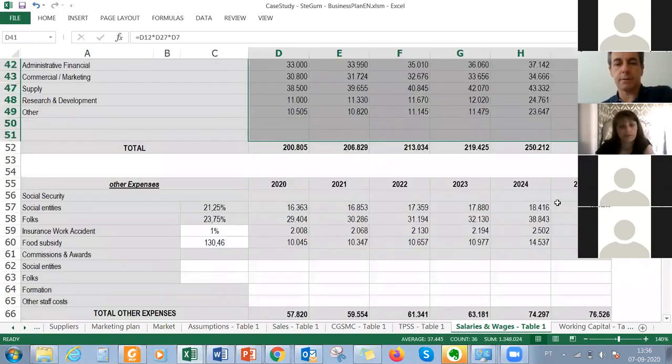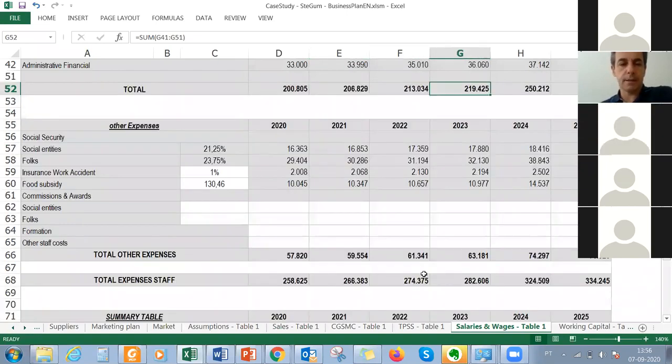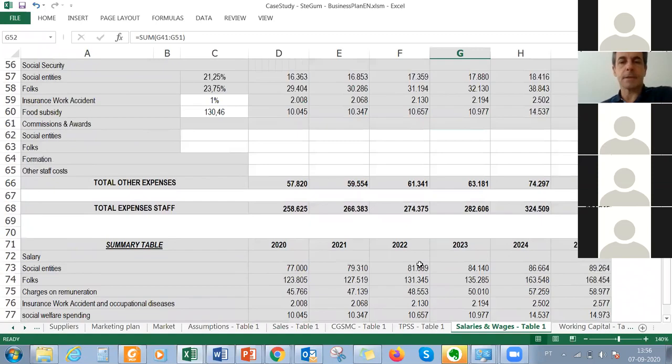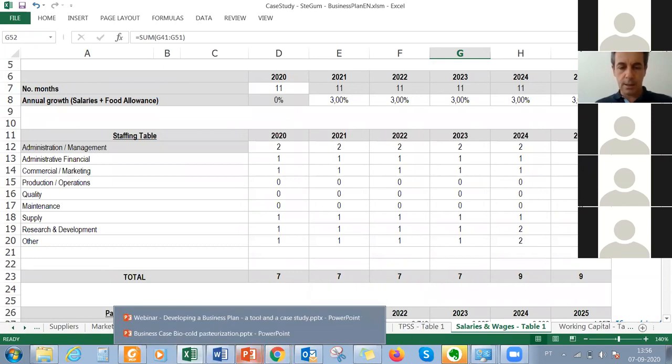So they have some totals for costs of staff per year. So this is the kind of exercise, and the final business plan could be just produced in that way.